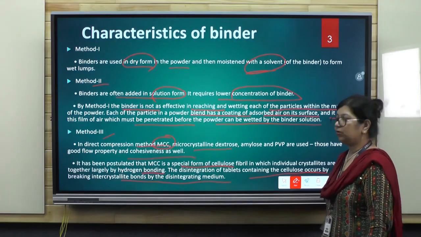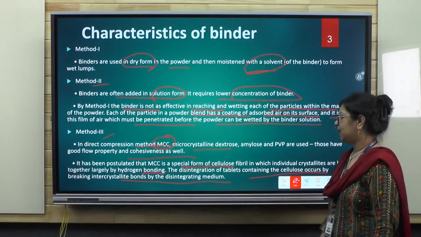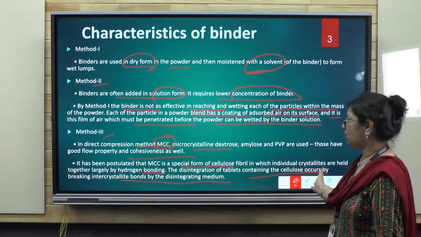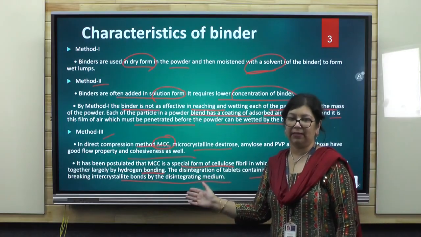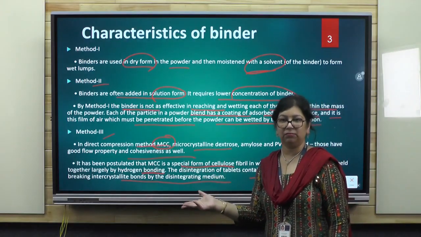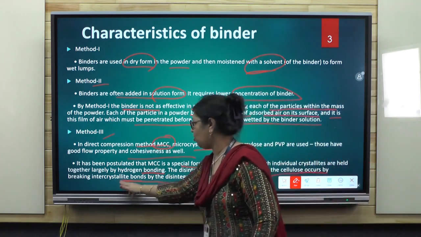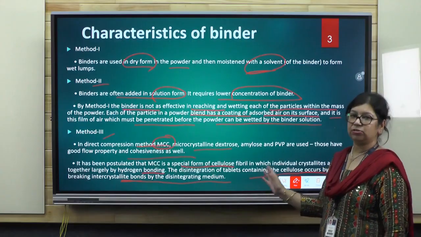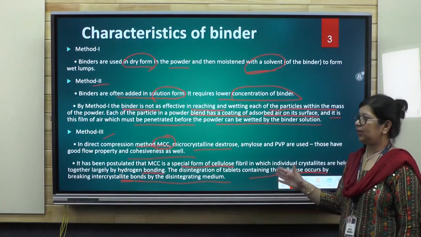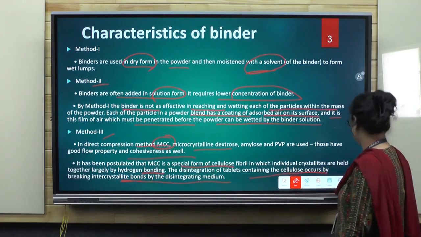So when we use microcrystalline cellulose, what happens? As soon as it comes in contact with the disintegrating medium, that is our gastric medium, it breaks this intercrystalline bond, and it also helps in disintegration of the tablet where MCC is used as a binder.